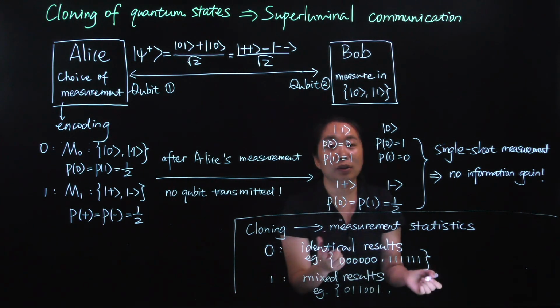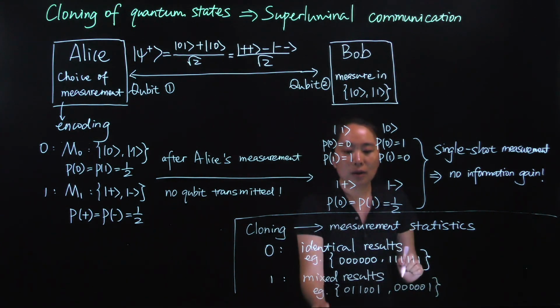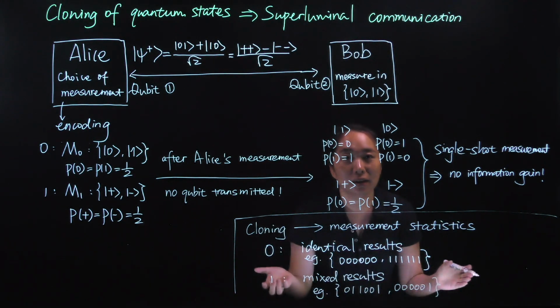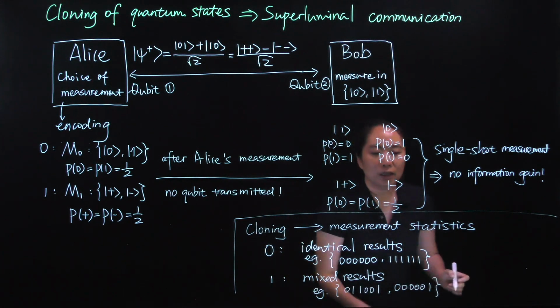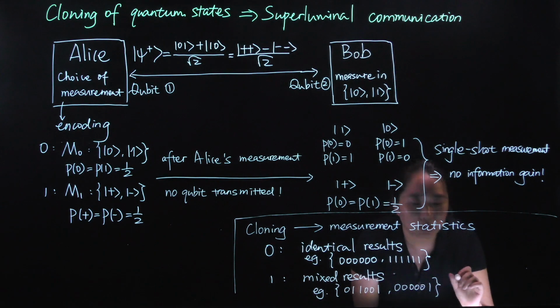Or in the extreme case, he might get zeros all the way until the last qubit shows a measurement result of 1. But in either of these cases, as long as they are mixed, it does not matter how many 1s are there, how many zeros are there, he will have a conclusive result that the information is 1.